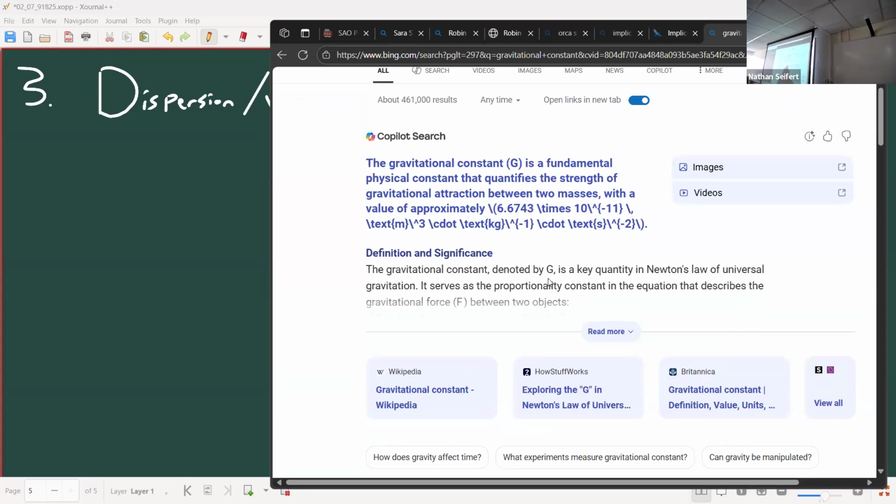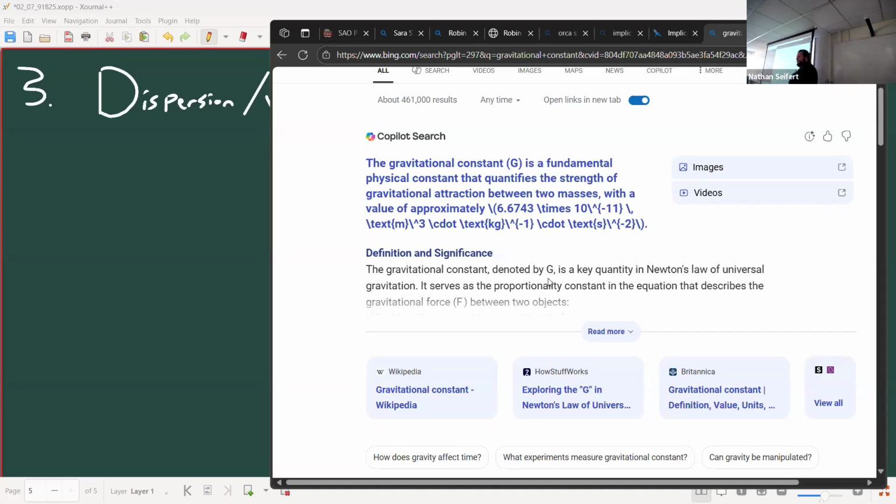And so when you have two bodies, you compare it to the electromagnetic interaction. There's another constant, the fine structure constant, which is the equivalent of G. G tells you how much force is exerted between two masses of a kilogram separated by a meter. It converts mass and distance to force for gravity.